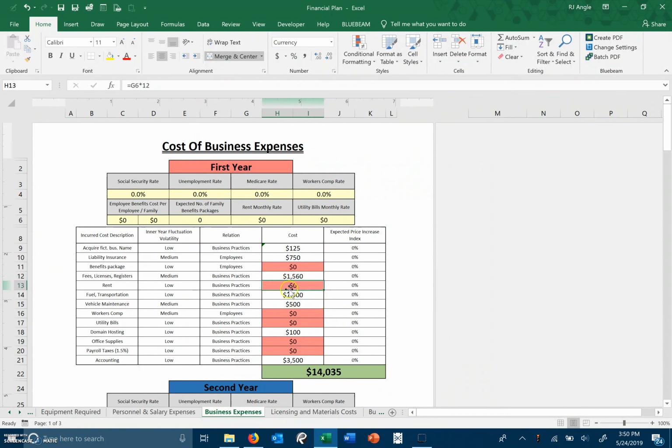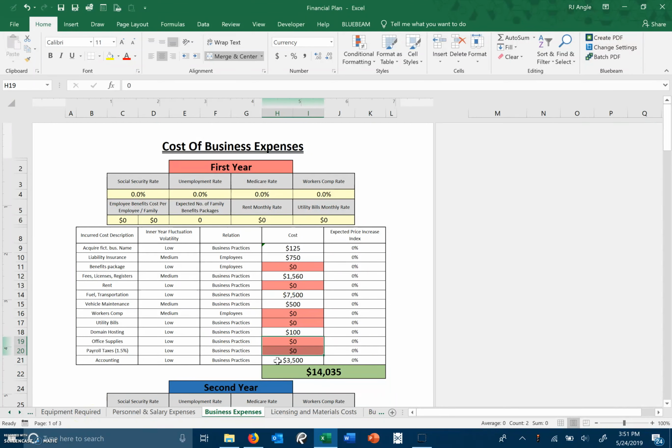I'm not occupying a space, so I have no rent. I will have to expense fuel and transportation for sales and service providing. I have vehicle maintenance because of that. You can see I have no workers' comp or utility bills. I do have to pay for the domain hosting of my website, the website itself being shown as an equipment expense in my previous sheet, but I'm capturing the cost over here.